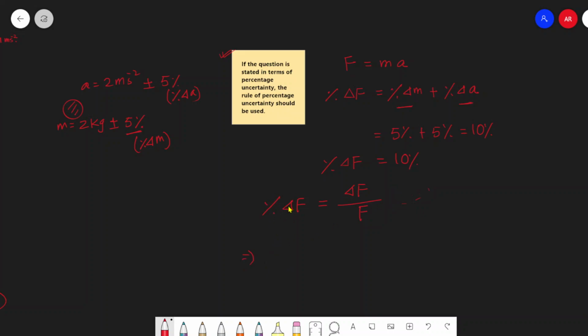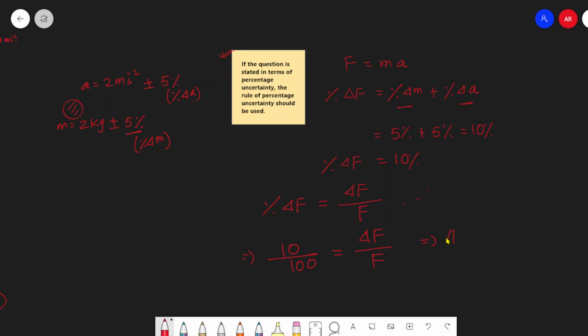The percentage uncertainty of del F we calculated is 10%, which means 10 over 100. This 100, which we were putting in to get the value of the percentage uncertainty, is just coming in the denominator of the left hand side. And this is del F over F. So how much does del F come to be?